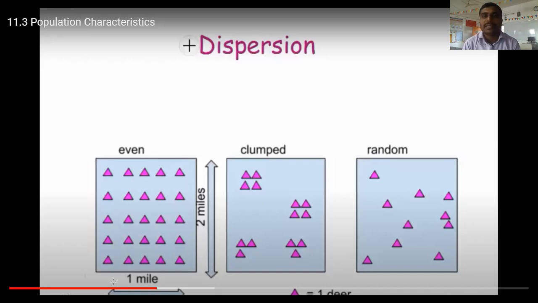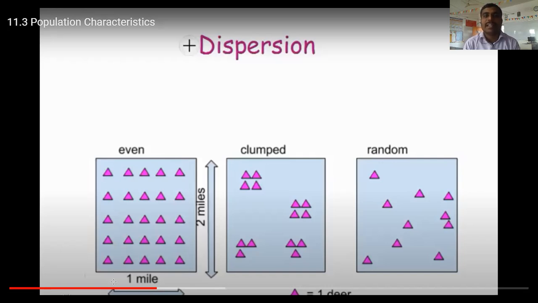There are three basic patterns of dispersion. First is regular dispersion, second is random dispersion, and third is clumped dispersion. Here, first we will see the regular dispersion. Here the individuals are more or less spaced at equal distance from one another, as shown in the figure.